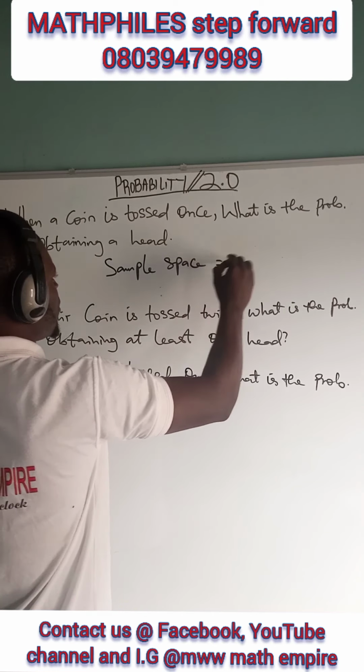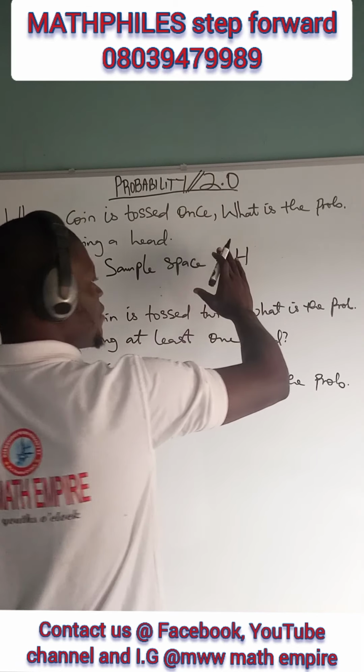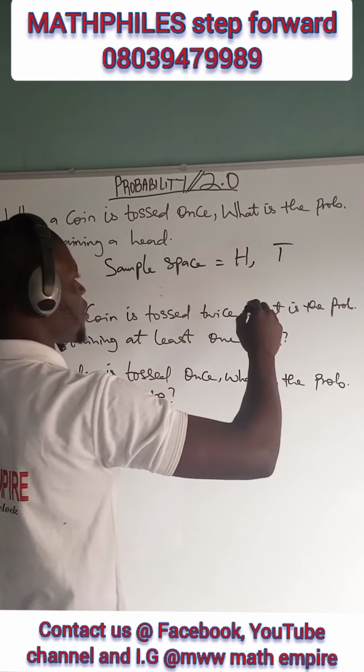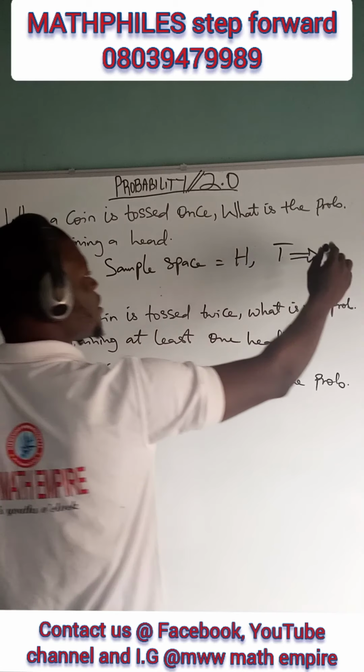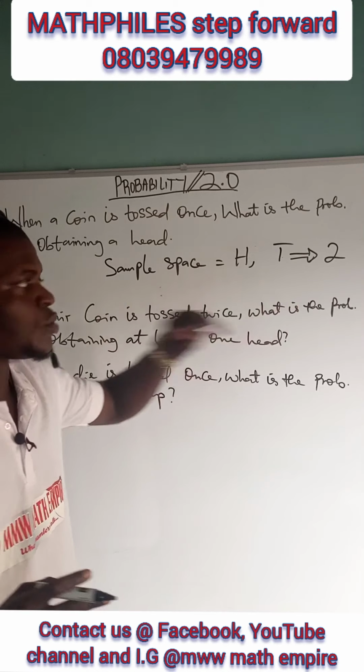Since we are talking about a coin, you either have a head or a tail. So the sample space is head and tail, which implies 2. That means the total outcome here is equal to 2.